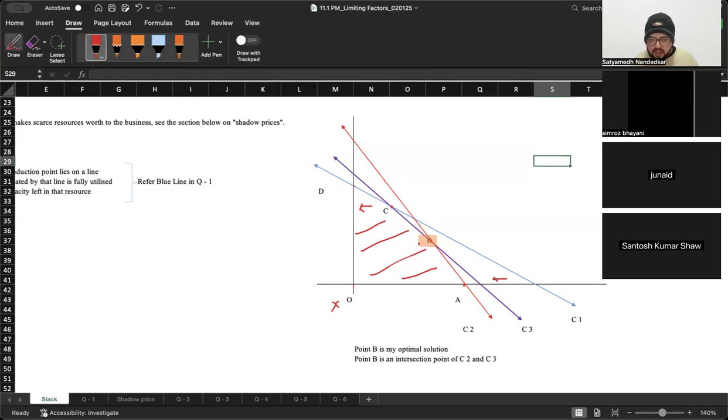So 0 A B C D is my feasible region. Point B lies on the left hand side, we are okay, which means the solution is proper.